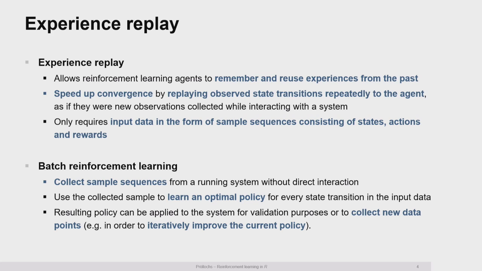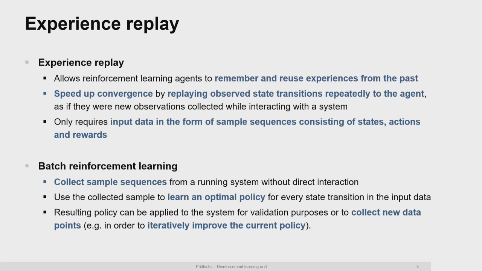And there's a second term, which is called batch reinforcement learning, which is of course closely related to experience replay. This means you collect sample sequences from the environment, and then you use these sample sequences to learn an optimal policy. Then you can collect new experience from the live system using the learned policy, and you can collect new data points to improve the current policy or to improve the live system.